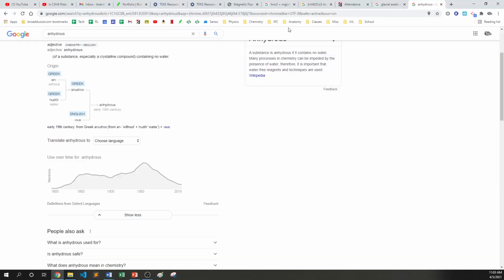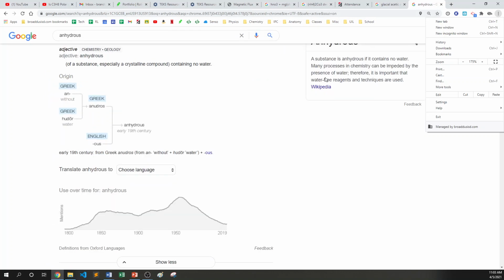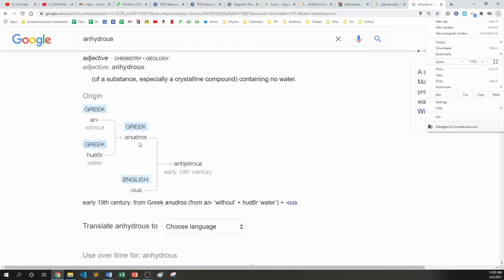Oh, it's weird. I was looking up the etymology. I do this all the time whenever I see a word I don't understand. It comes from Greek hudor, meaning water, and then an is of course Greek meaning without. So it becomes this, but then we Englishize it, make it Germanic, by replacing the OS with OUS, and the U with Y: hydrous.